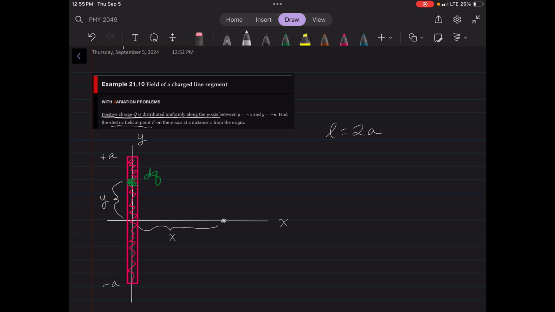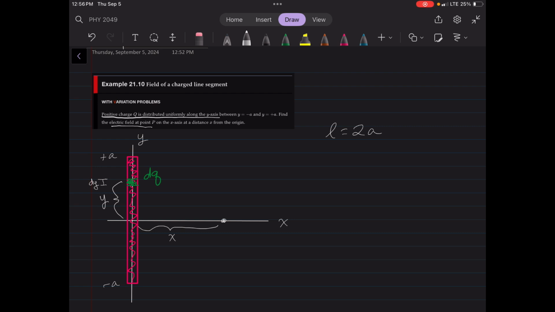The length of that charge dq is a small, infinitesimally small piece of the y-axis called dy. We'll need that information.